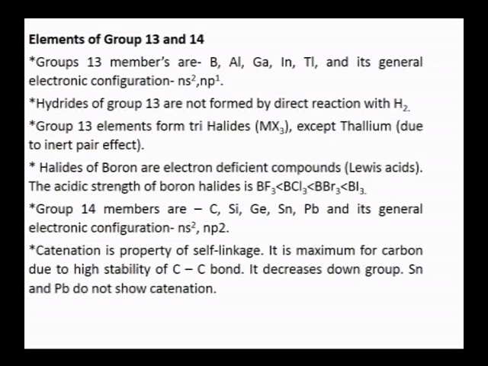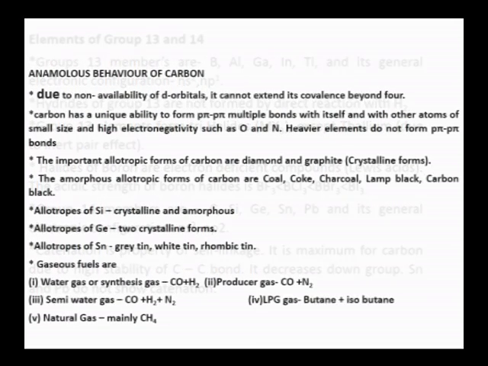Catenation is the property found with group 14 elements, and carbon exhibits maximum catenation because of the high stability of the C-C bond. It decreases as we go down group 14, and virtually tin and lead do not show any catenation property.